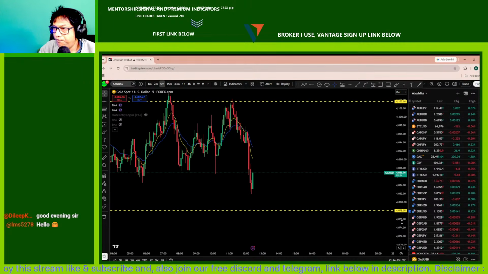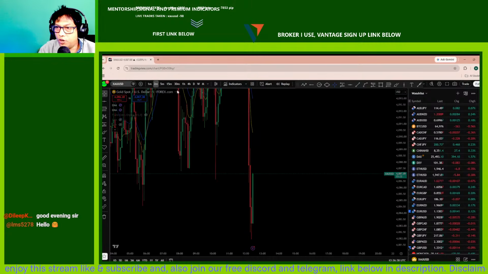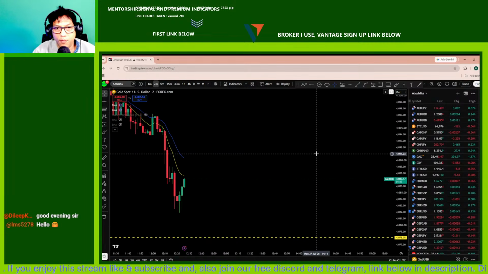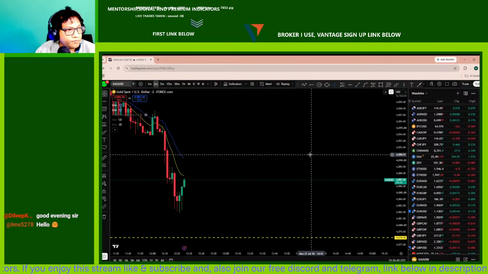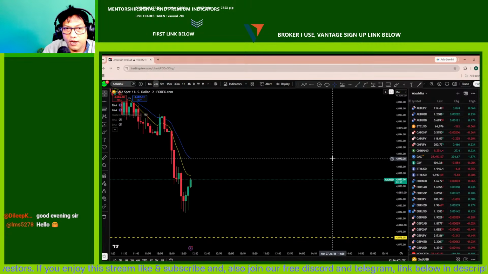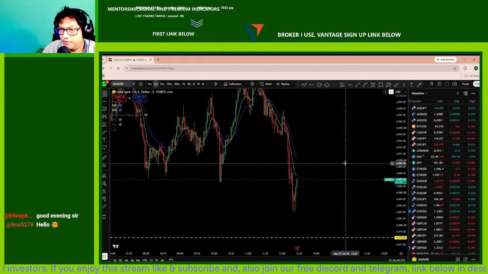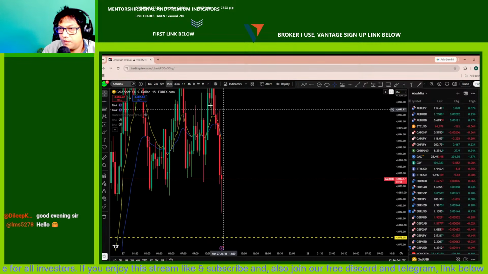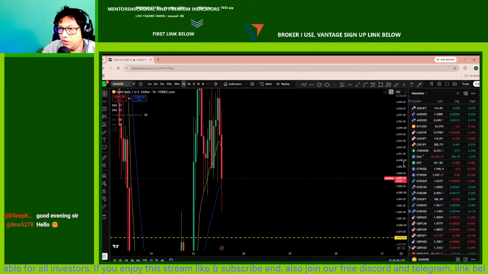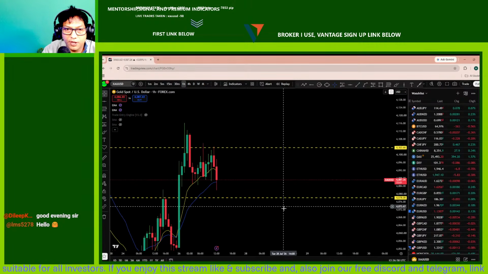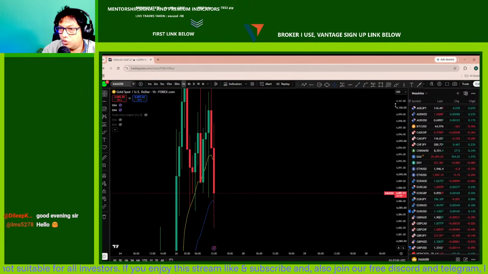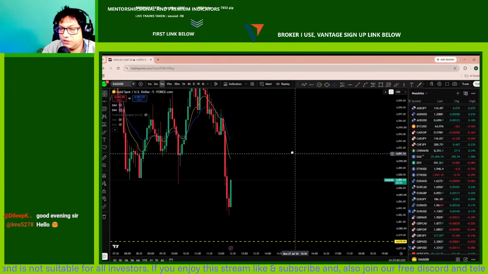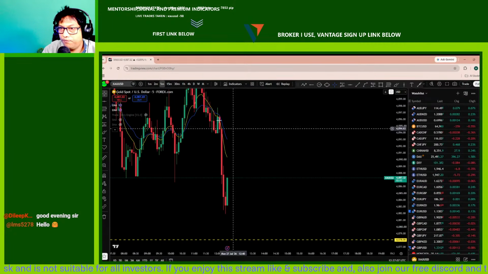So the market has broken that support. Now we can see some potential pullback here in this area, and from the 1 hour as well, you can see there was a sharp drop back below the support, and we could see that the market is potentially maintaining its drop back below.